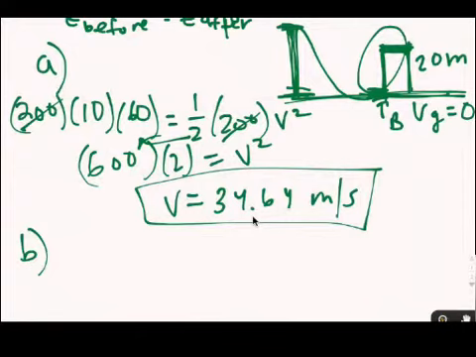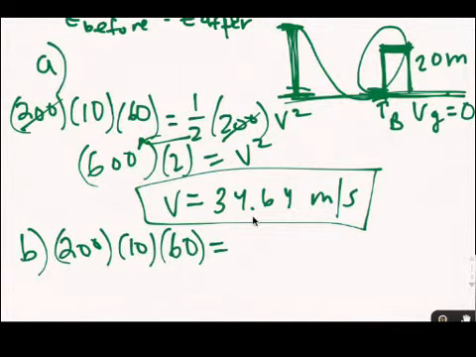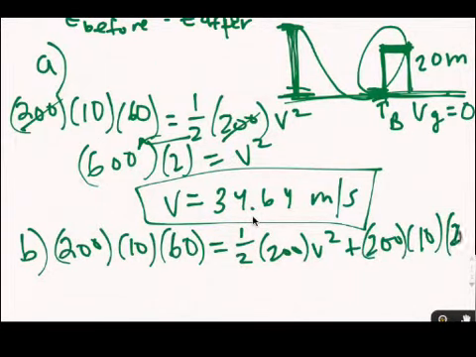So what you should have is the same initial conditions, 200 times 10 times 60 equals 1/2 m v squared, but you also have potential energy at this point. So you also have 200 times 10 times 20, because the height is 20.